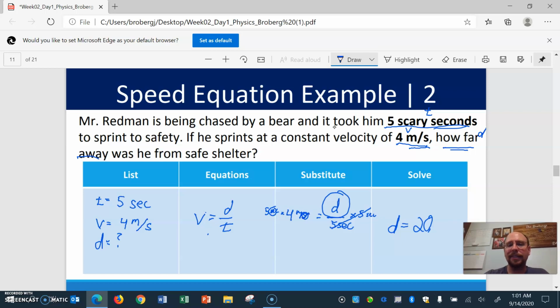It's like they cancel each other out, and I'm left with one unit, meters. And meters makes sense. It's a distance, so distance is meters. If you're not sure, you can always check the units up in your problem. Here's meters, seconds. We're looking for distance, so it's meters. And that's kind of the gist of that.